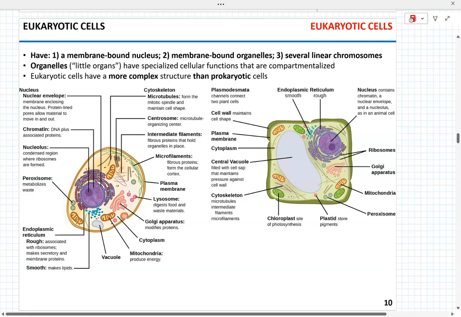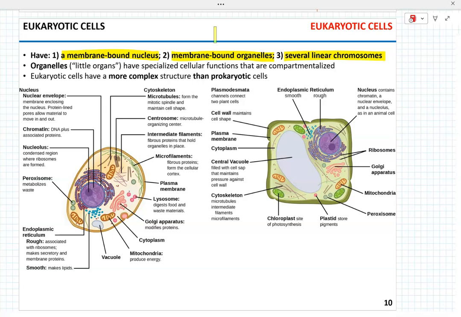Now, eukaryotic cells differ from prokaryotes because they have a nucleus that is surrounded by two membranes, membrane-bound organelles, and, unlike prokaryotes, they have not one but several chromosomes that are not circular, like in bacteria, but linear. Organelles are essentially cell compartments that have specific functions.